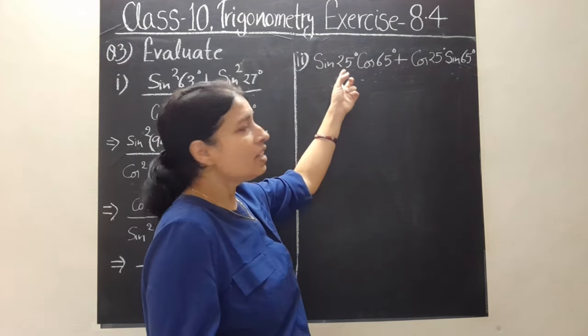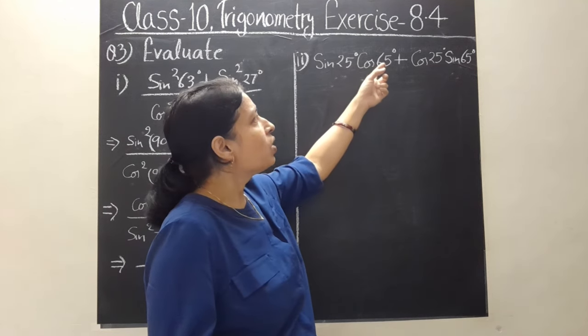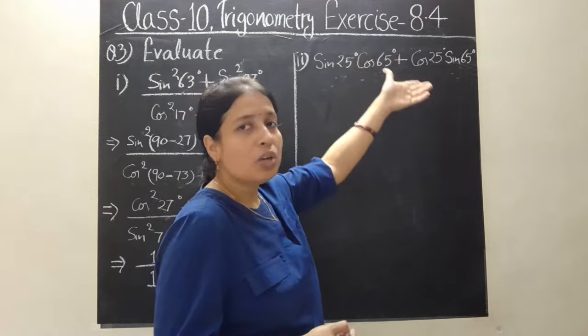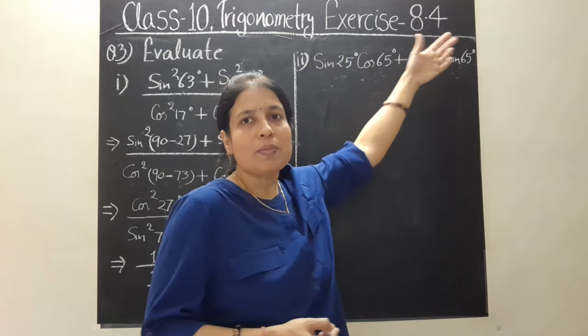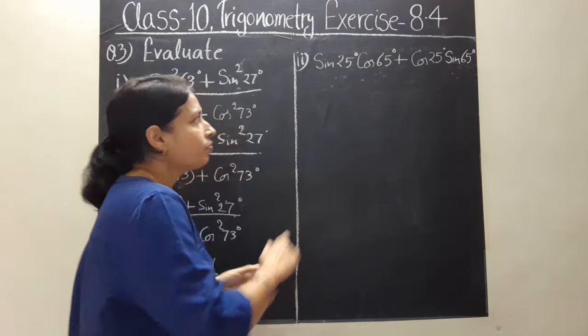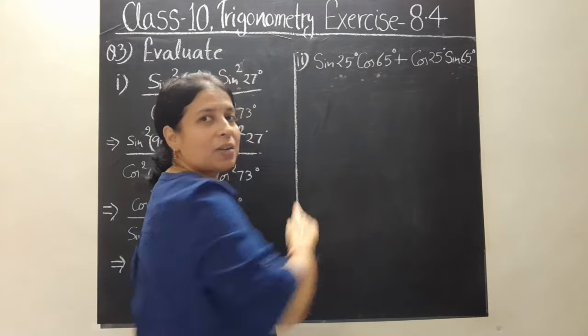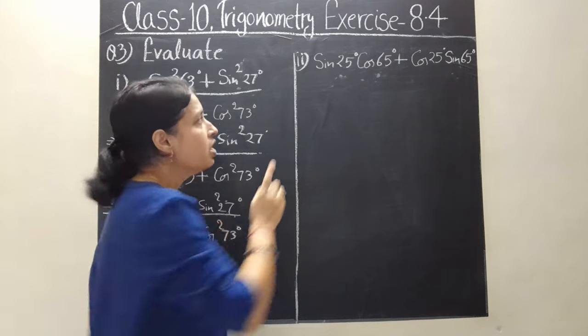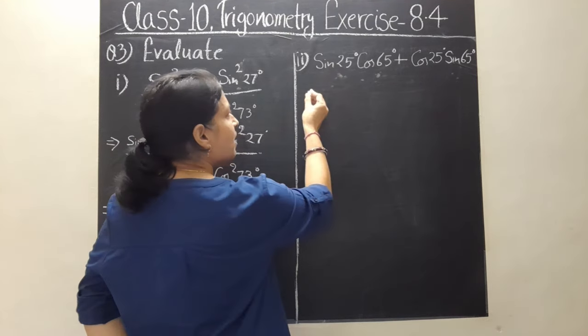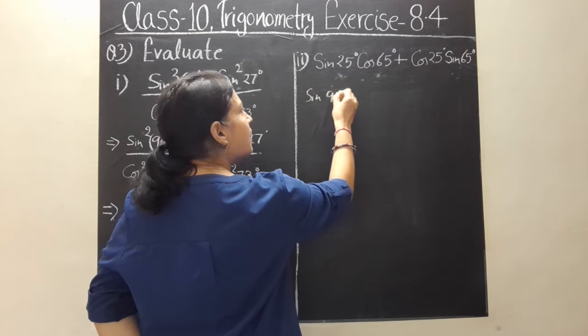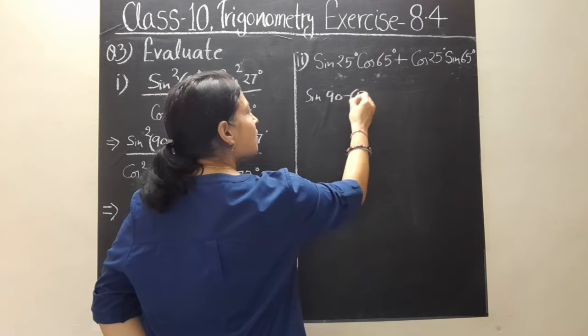So we have to convert this 65 in form of 25, or this 25 in form of 65. Suppose you can see that 25 plus 65 is equal to 90 degree. So in place of this 25 we can write sin 90 minus 65.